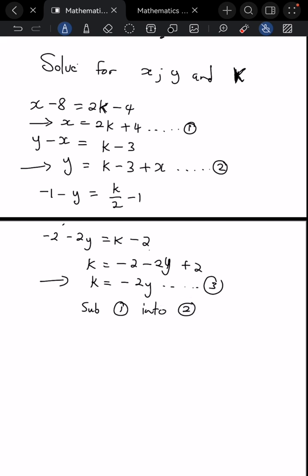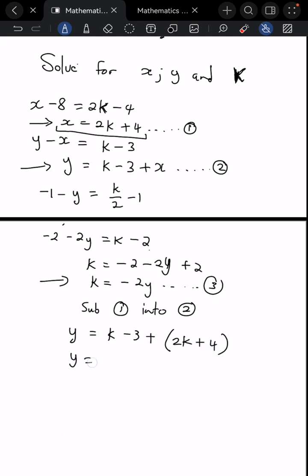Equation 2 is y = k - 3 + x, but x = 2k + 4.